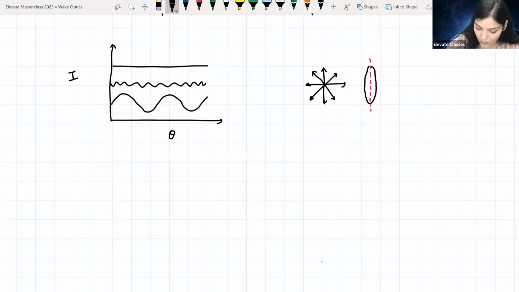So after passing through this, we know that only this component is going to get passed. So if I say this is my polarizer P, and now I want to analyze this, I will put another polarizer, an analyzer, here. Now the question is saying, if this is my y-axis, that I get 0 intensity here.